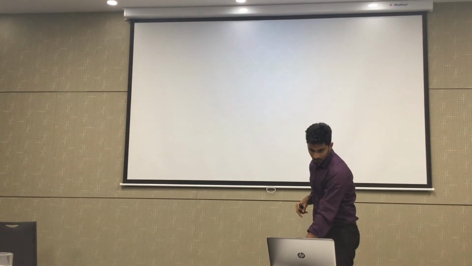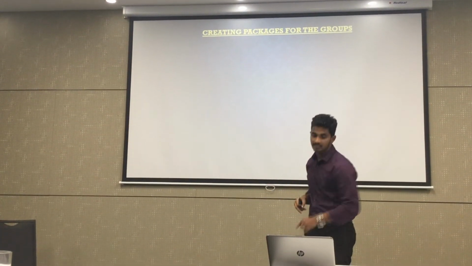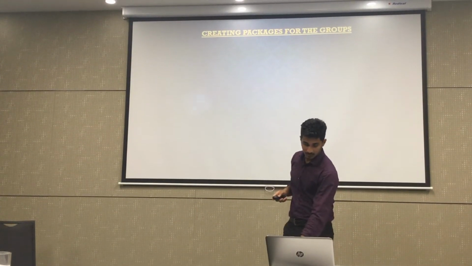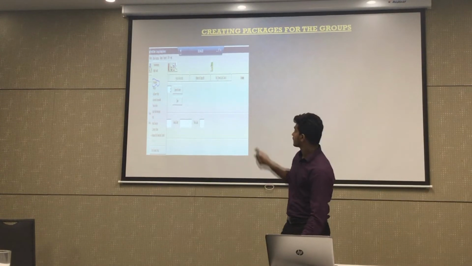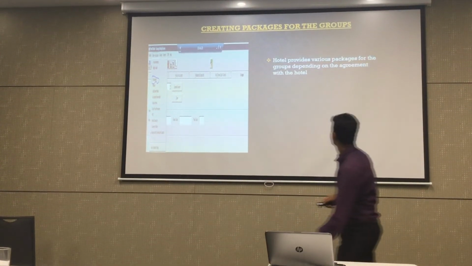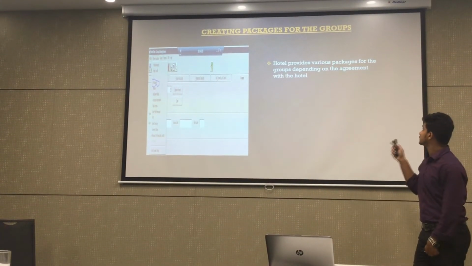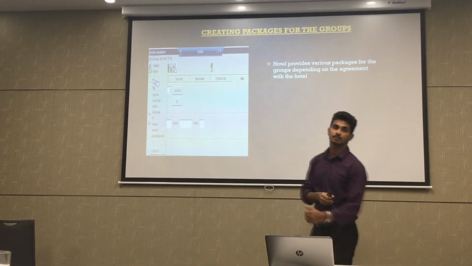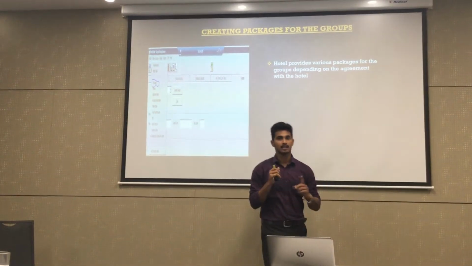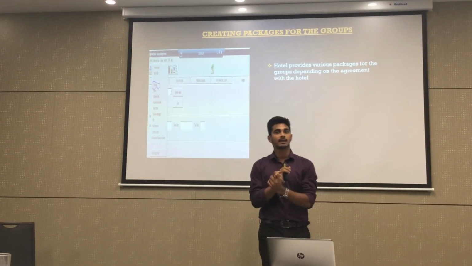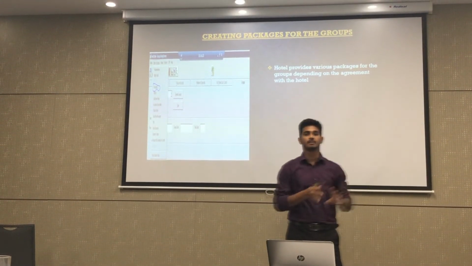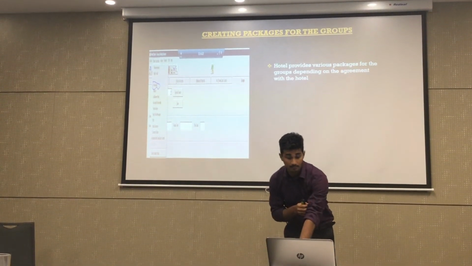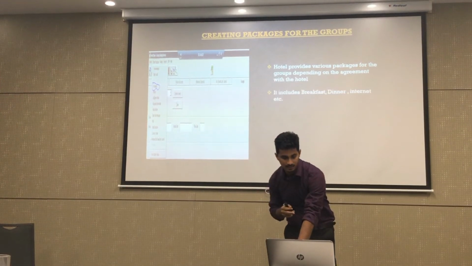Okay, and following on, creating a package for a group. This is actually a part of our on-queue system. Here the hotel provides various packages for the groups depending on the agreement with the hotel. There are various packages, for example, a breakfast package, internet package. Mostly what I was doing is creating a package for breakfast and internet.